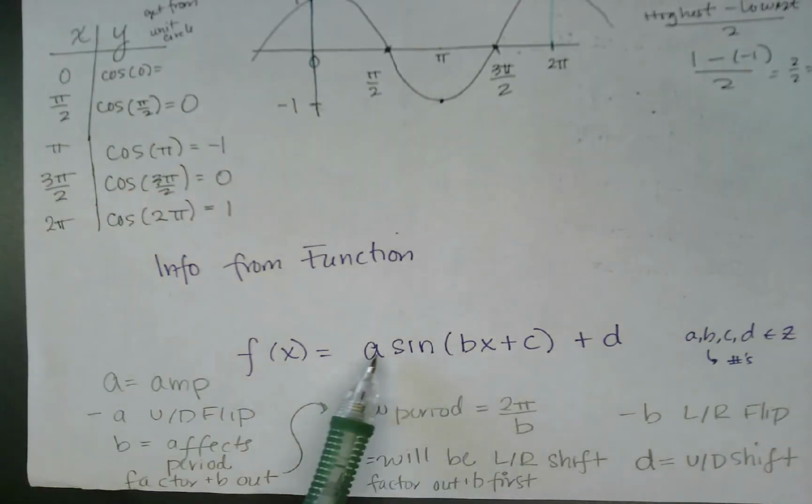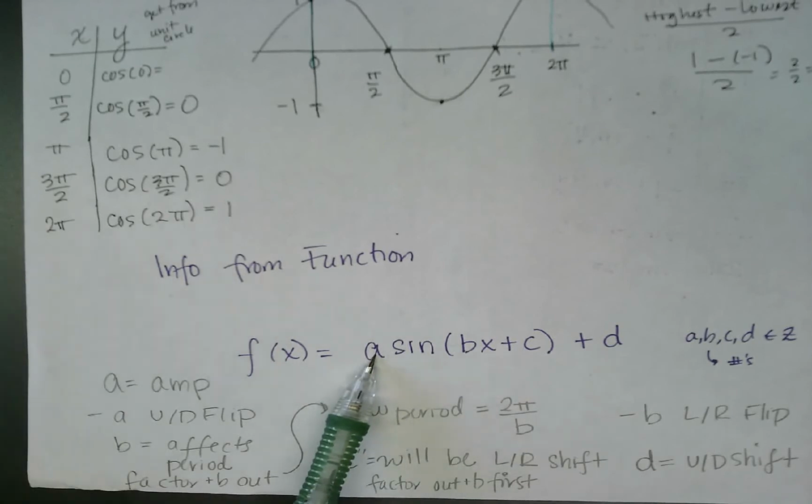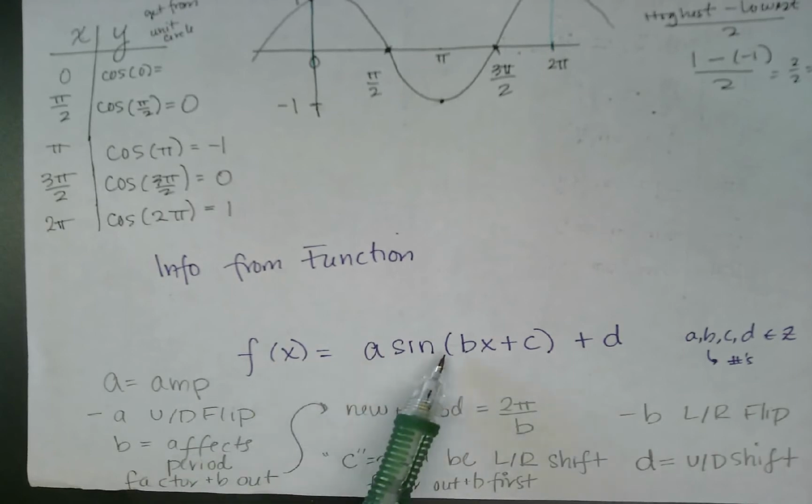So that's what all those variables are. Let me go back over this. Your A is your amp, regardless of the sign. If there's a negative in front of the function, you're going to do an up-down flip. The B affects your period, so we have to factor out the B first.